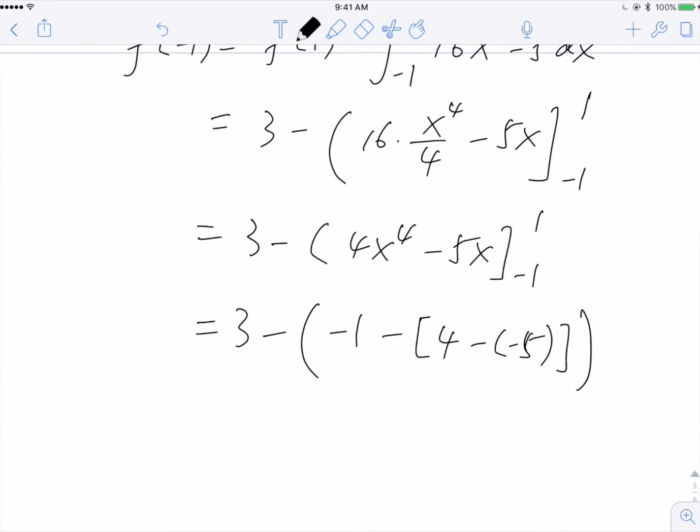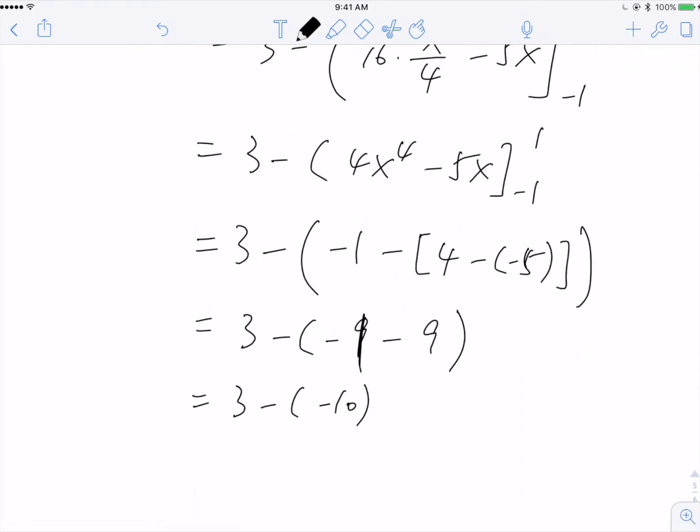So it's equal to 3 minus (negative 1 minus 9), which is 3 minus negative 10, which is 13.